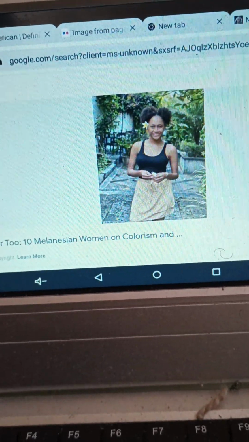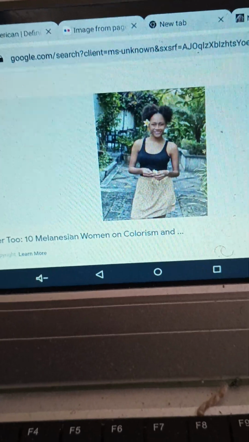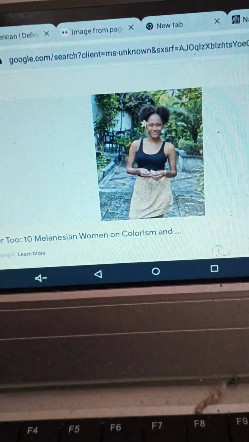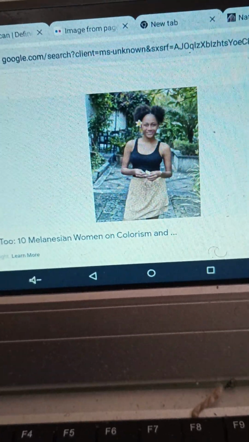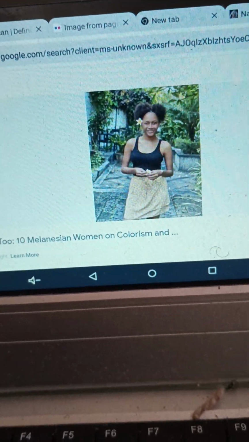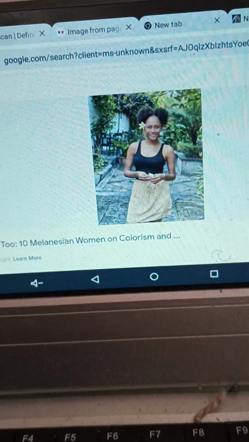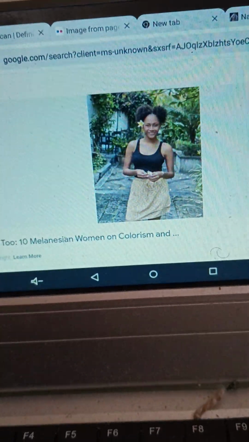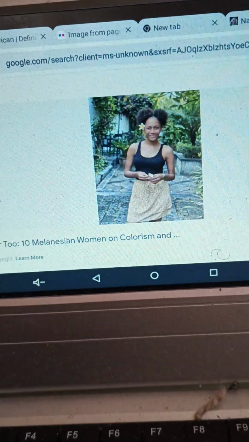It also is the case that Black Americans do not have the same haplogroups as Melanesians, not the same paternal haplogroups, not the same maternal haplogroups.